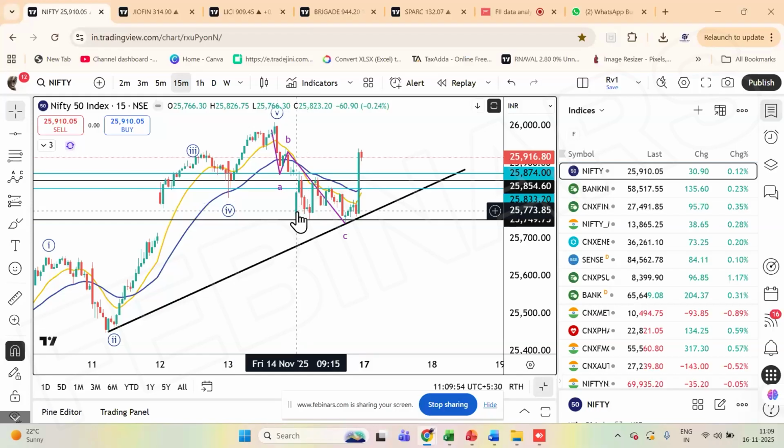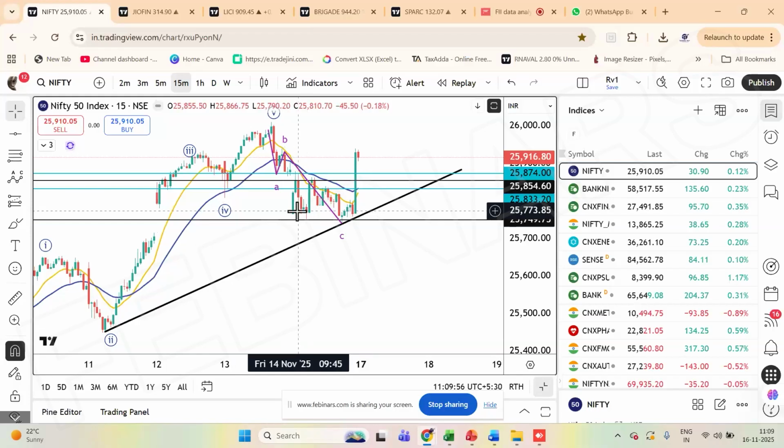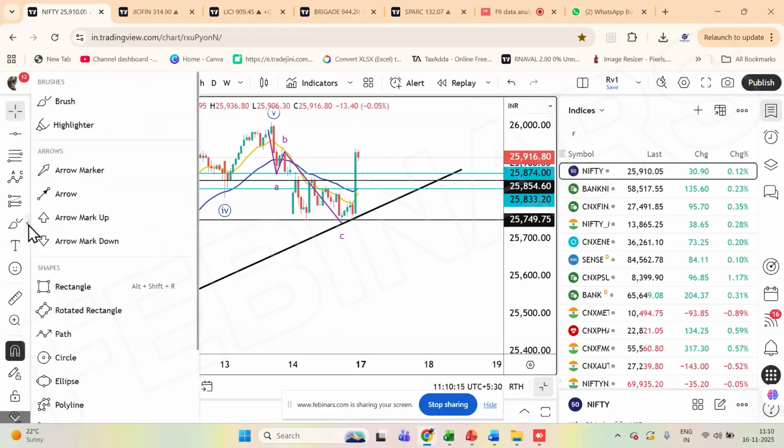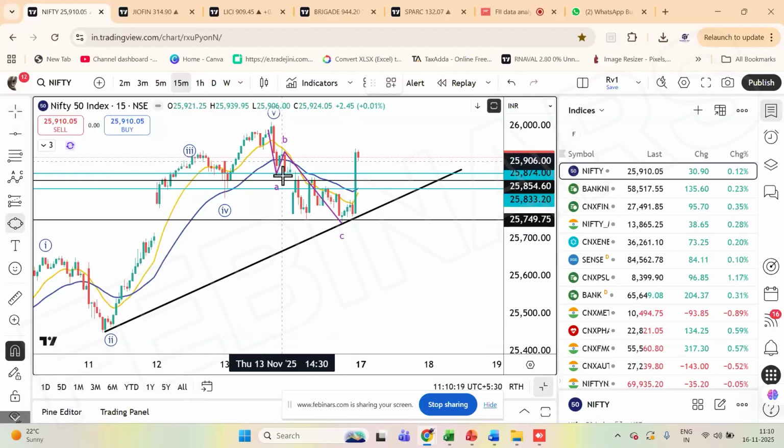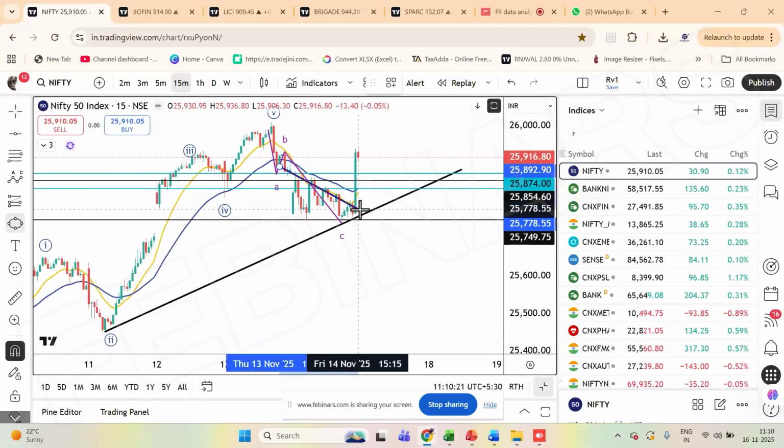Let us say 1, 2, 3, 4, 5, 6, 7, 8, 9, 10, 11, 12, 13, 14, 15, 16, 17, 18, 19, 20, 21, 22 candles of consolidation. On the Friday session, we are seeing 22 candles of consolidation.